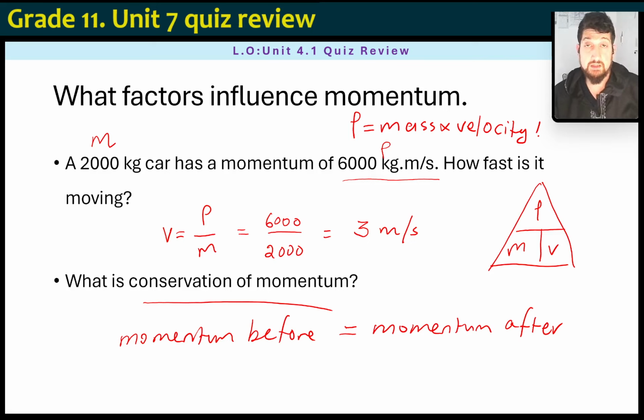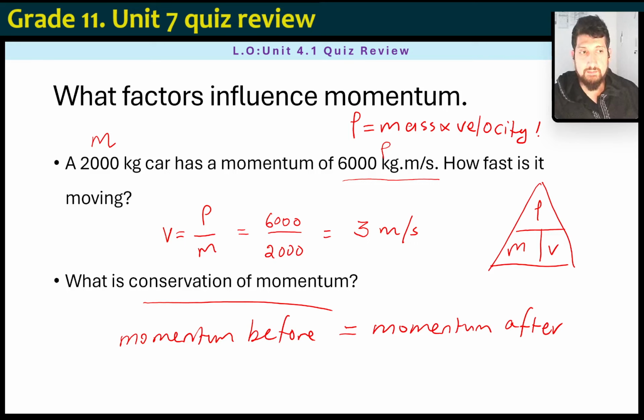With every single collision, momentum is conserved. There are different types of collision, and I want you to know that it doesn't matter what the type of collision is, whether it's elastic, whether it's inelastic, whether it's perfectly inelastic. With all types of collisions, momentum is always conserved. However, that's not the case for energy, for example. We're not learning about energy conservation just yet, but in terms of kinetic energy, that's the energy for movement.